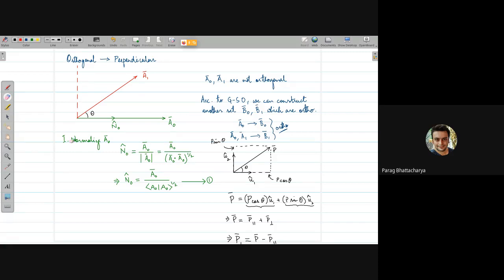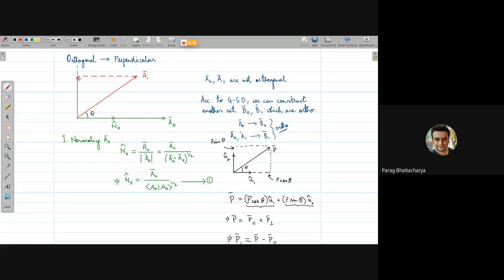In short, what we are looking for is the perpendicular component of a1. This is the vector that we want, the perpendicular component of a1.